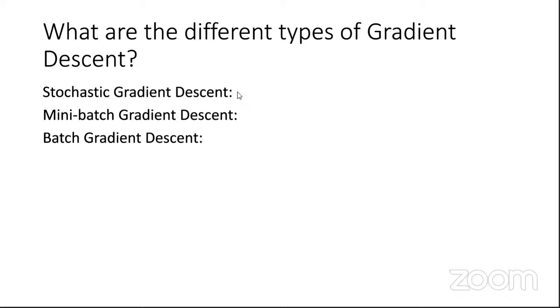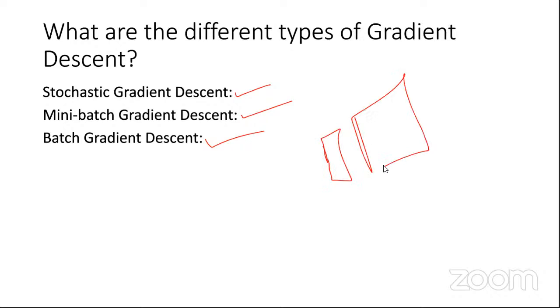The different types of gradient descent are: stochastic gradient descent, mini batch gradient descent, and batch gradient descent. What is stochastic gradient descent? In this, we have an input layer, hidden layer and output layer.